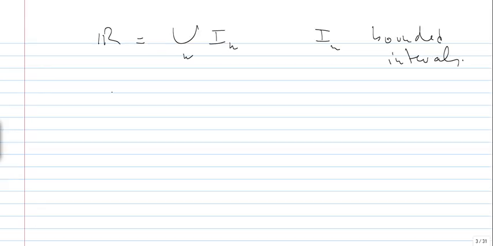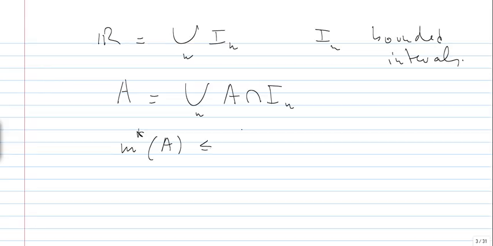In this case we know that A is the union of A intersect I_n, and we know also that the outer measure of A, by subadditivity, is less than the sum of the outer measures of A intersect I_n.